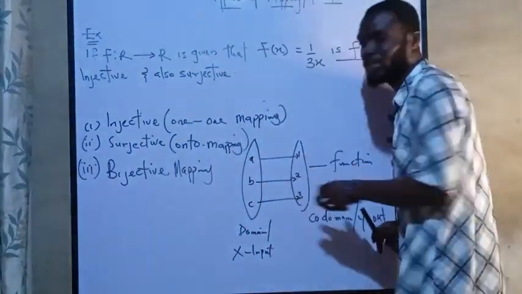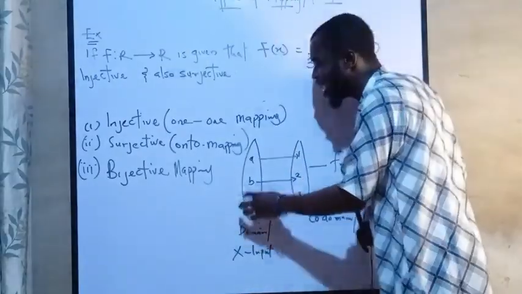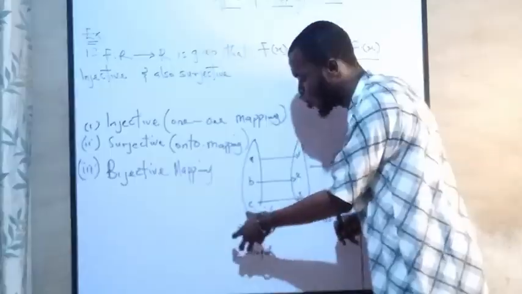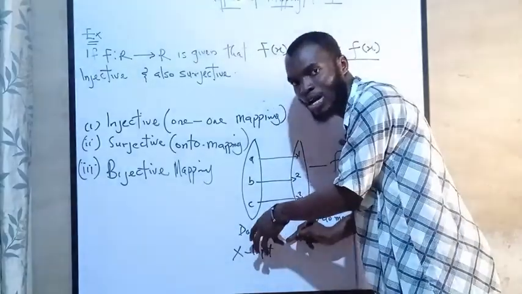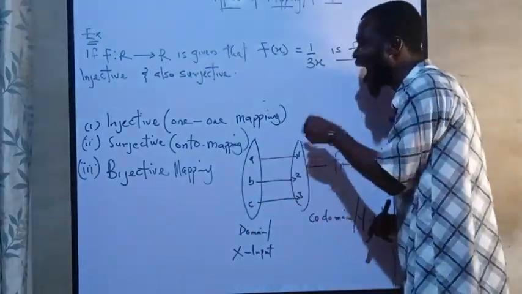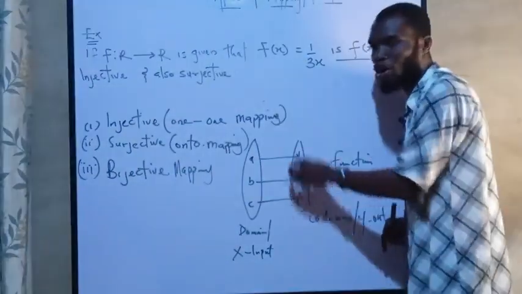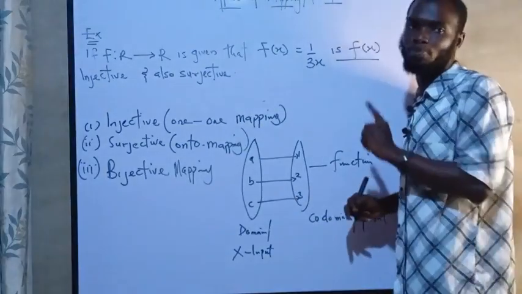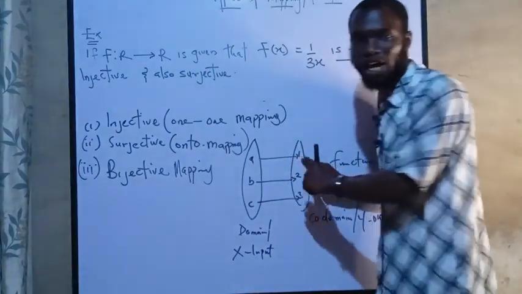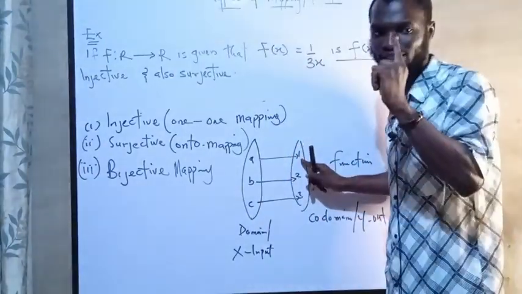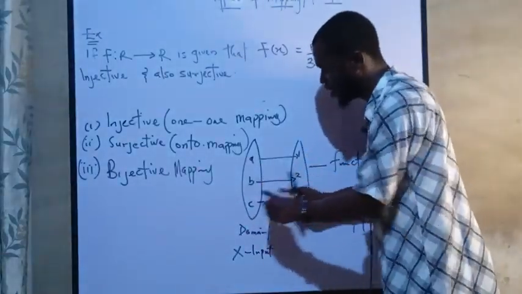Injective means, let me use this diagram to explain. Injective means every element in the domain, that is the x input, must have a specific element or image in the codomain. Are we together? So A must pair with only a single element in the codomain. As you can see, A to 1, B to 2, C to 3.